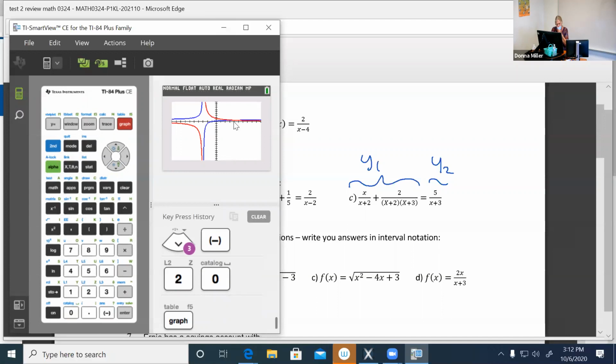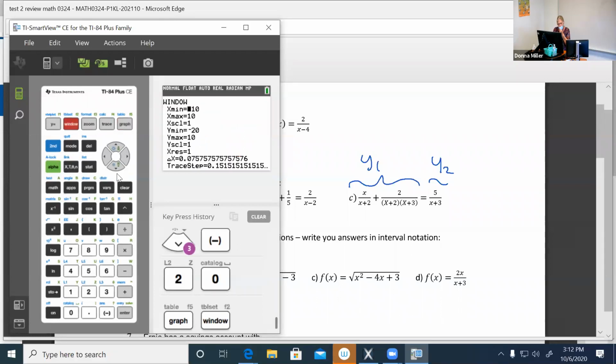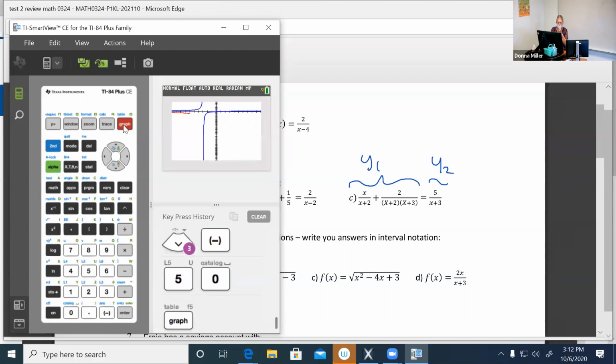Not sure. I see one there for sure, right? Let me go a little smaller. Let's go to -50. I'm just trying to figure out where those guys are crossing or not. They really don't look like they're crossing, right? Okay, so it looks like it's just going to be here.